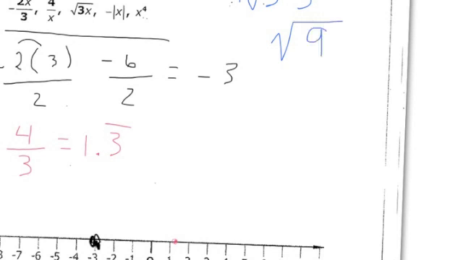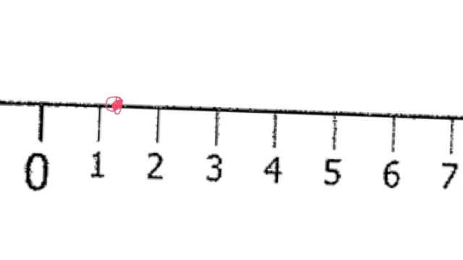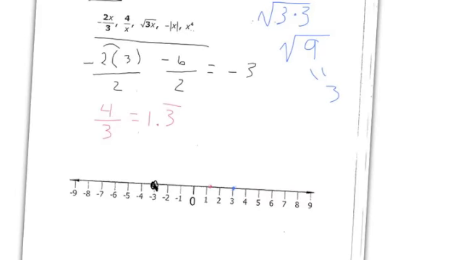If you wanted to type in square root of 9 on your calculator, you would push the second button, then your square root button, which is also the x squared button, 9 equals, and that would give you the result 3. So come back over to your number line and put that at 3. And there you go. Not so bad.